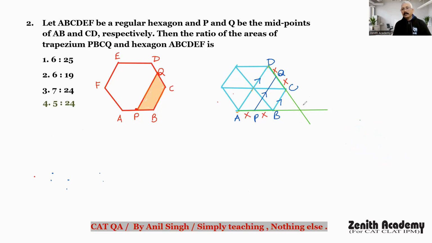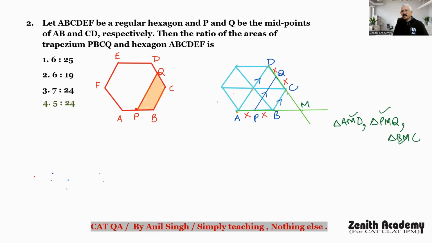Suppose the point is M. And now see, here we have three triangles: triangle AMD, triangle PMQ, and triangle BMC. So we know here these three bases are parallel to each other. It means these three triangles are similar to each other.